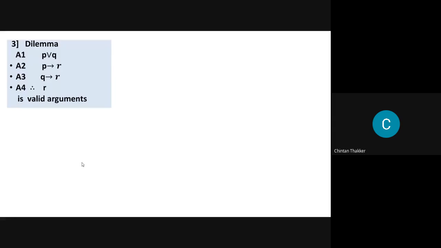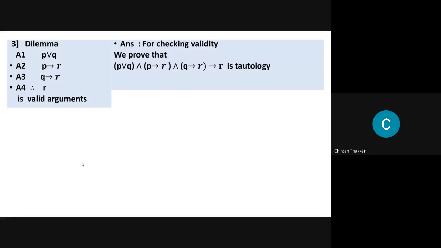So here we have three arguments and one conclusion. To prove this one, we make this statement.